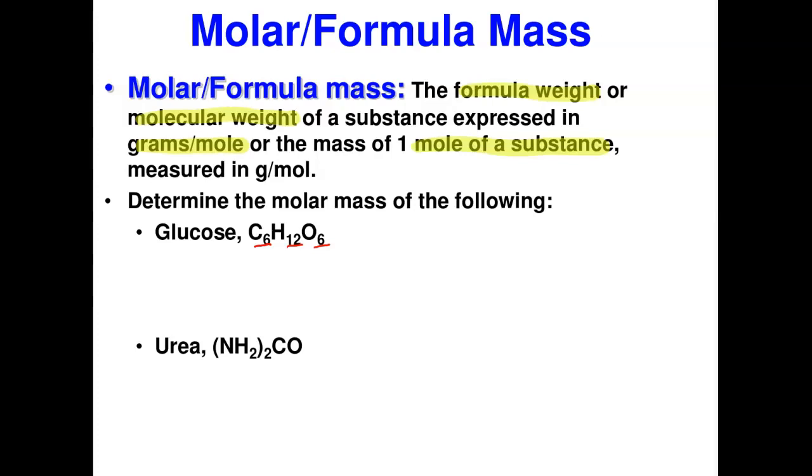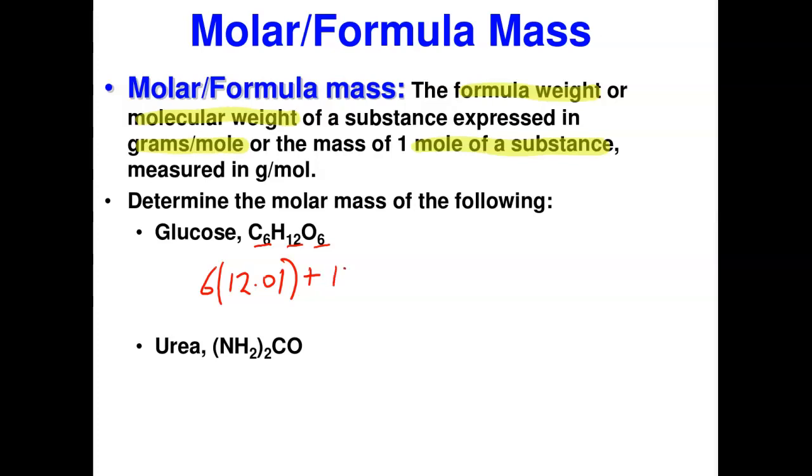we're going to do this as we did before in calculating the molecular weight. So 6 atoms, 1 atom of carbon weighs 12.01, and I'm going to add that plus 1 atom of hydrogen weighs 1.01.